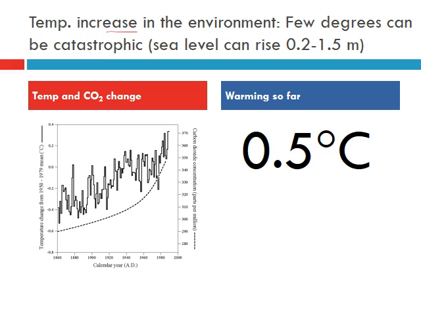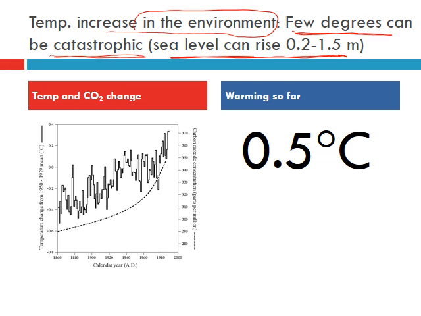Finally, in the context of our environment, a few degrees there also can be catastrophic. Sea levels can rise up to 1.5 meters for just a few degrees change in temperature. If we look at data over the last 150 years or so, the temperature change is well correlated with CO2 change.